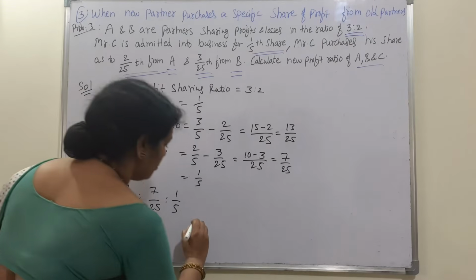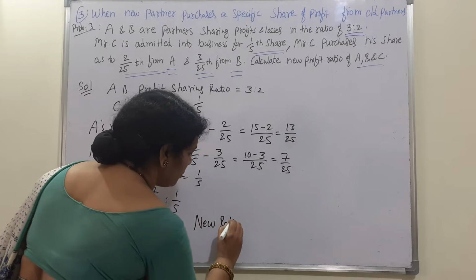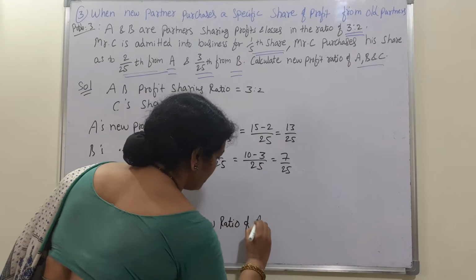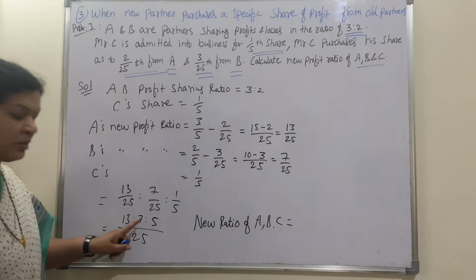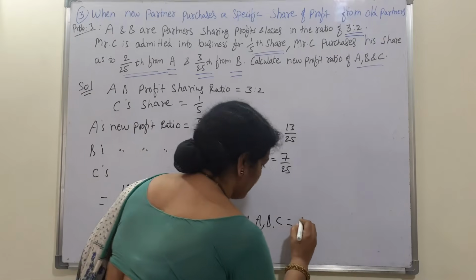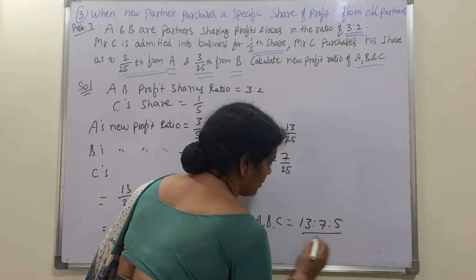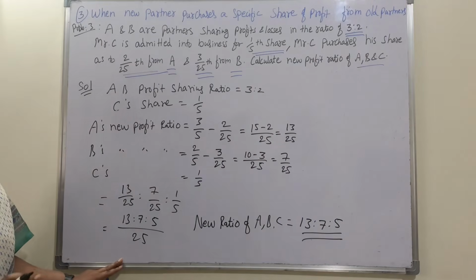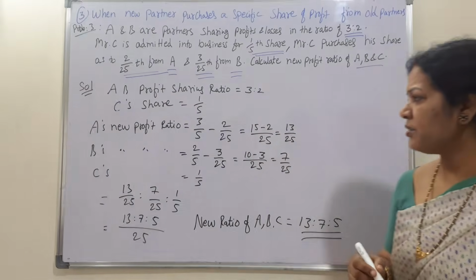So altogether the new ratio of A, B, C is equal to 13:7:5. This is the final ratio. Am I clear? Simple, nothing to worry.